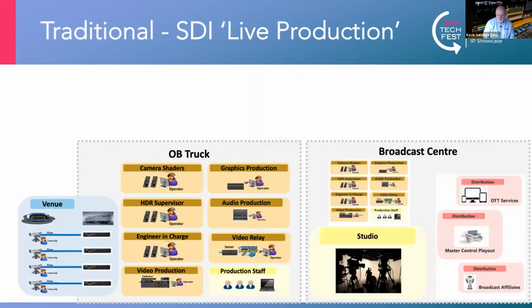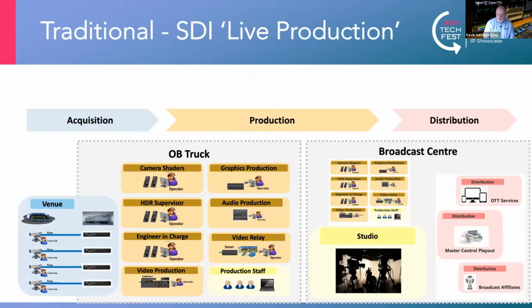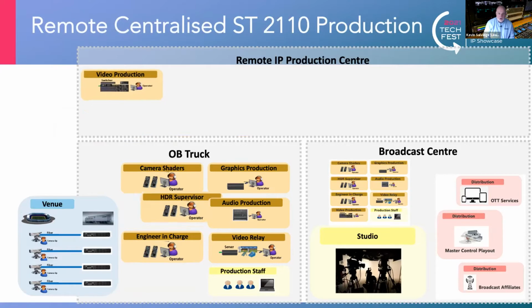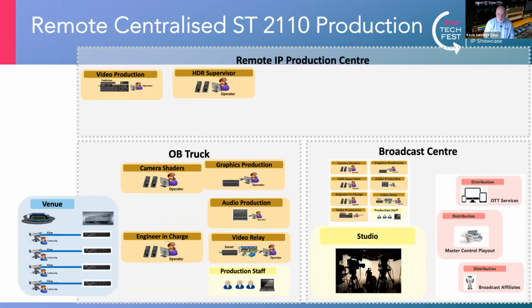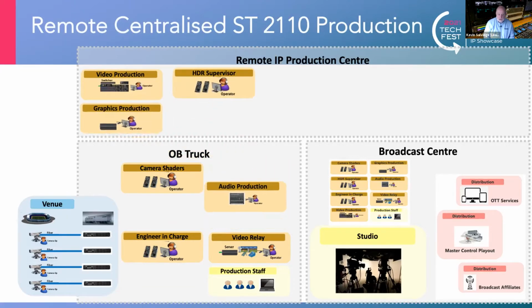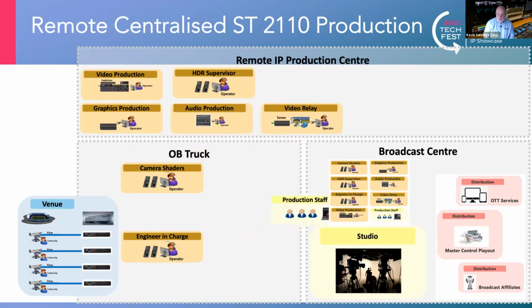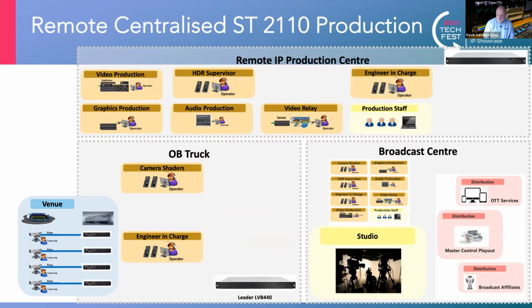So as I mentioned, we have a traditional kind of workflow from acquisition to production to distribution. And what we've seen over the last 2 years is a move to a remote IP production center, where services and operations have been removed from the OB truck and they've been placed into the remote IP production center.